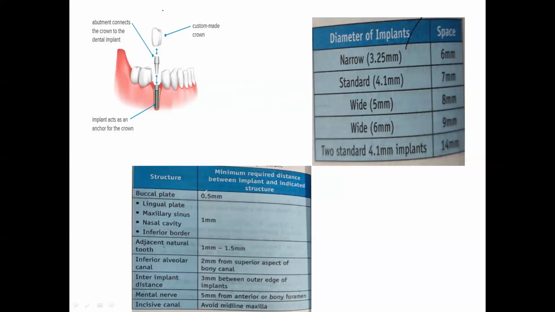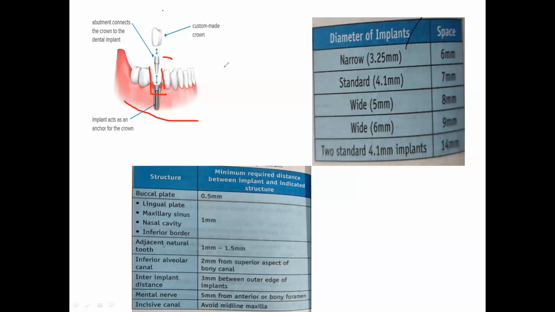Now coming to structures, means the minimum space or minimum distance required in all 4 directions. If this is the edentulous space, it has the mesial surface, the distal surface, the buccal bone, and on the other side, the lingual bone. If we are talking about the lower arch, then the inferior alveolar nerve is present because it is the posterior side of the arch.